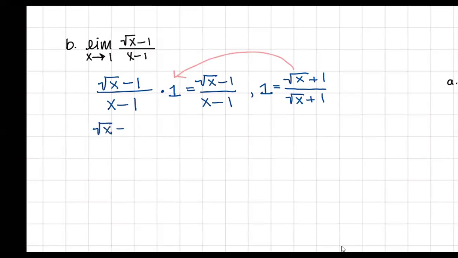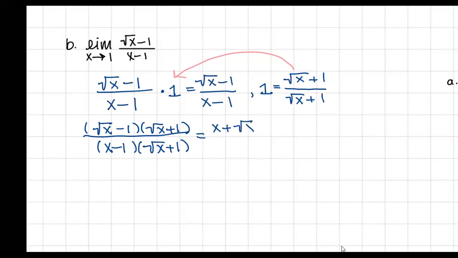And I get square root of x minus 1 times square root of x plus 1 all over x minus 1 times the square root of x plus 1. I'm going to expand the numerator. And when I do that, I get x plus the square root of x minus the square root of x minus 1.